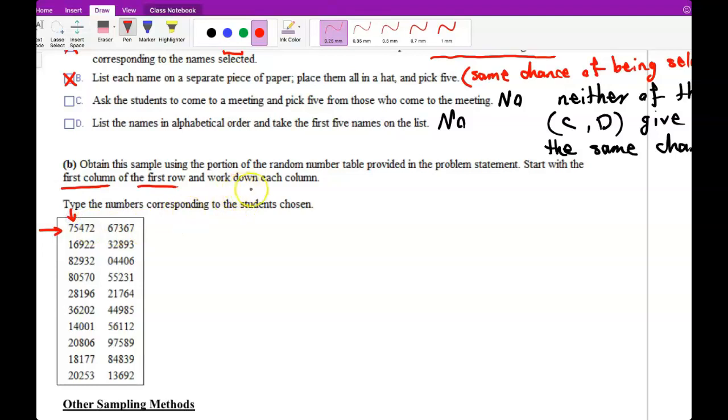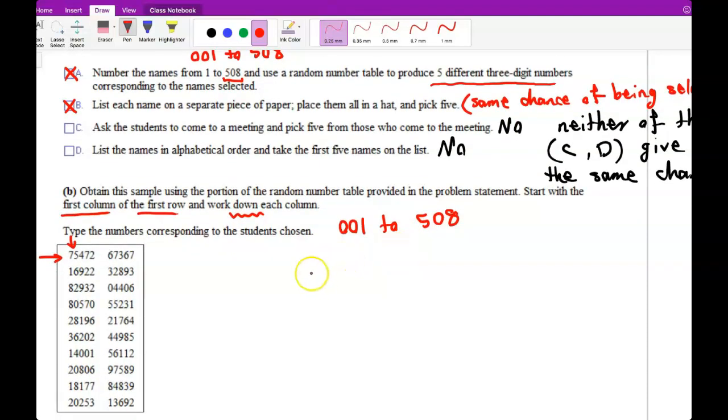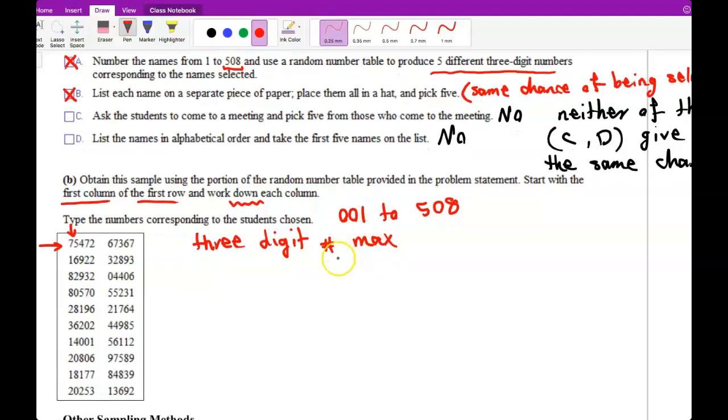So it's that one. And work down each column. Type the numbers corresponding to the students chosen. As I said, here we have max 3 digits. It's starting from 001 to 508. So it's 3 digit number max.